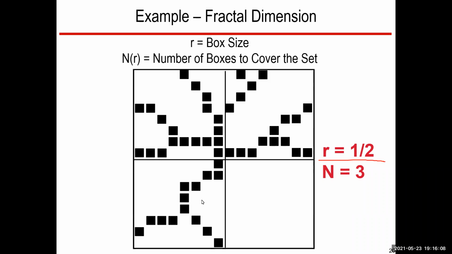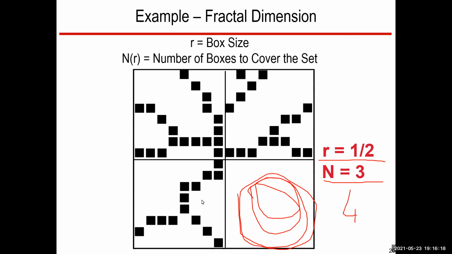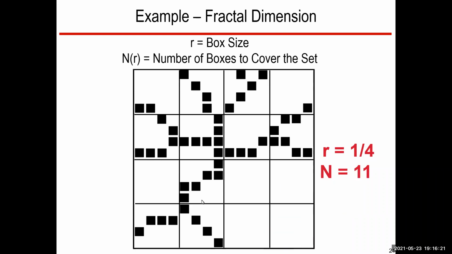Now, as you can see, the number of boxes to cover the object is 3. It is not 4 because in one part of the graph, we don't have anything to cover. Then we further use 0.25 unit length as the box length, and the number of boxes to cover the object is now 11, as you can check.